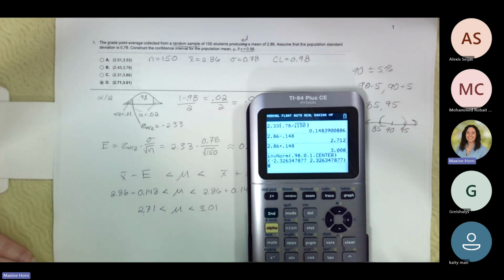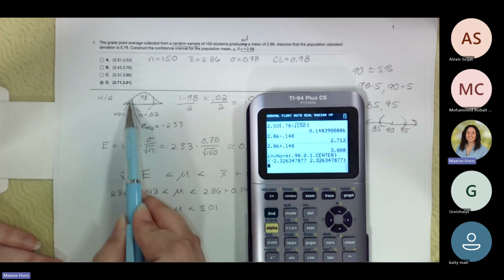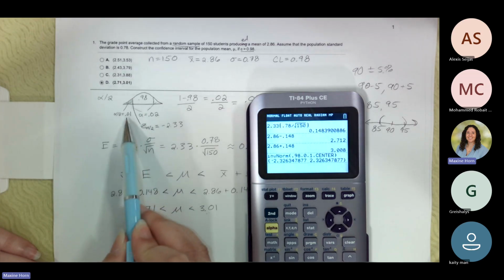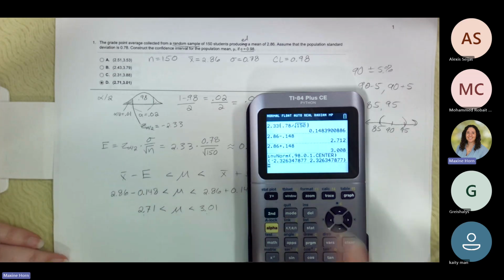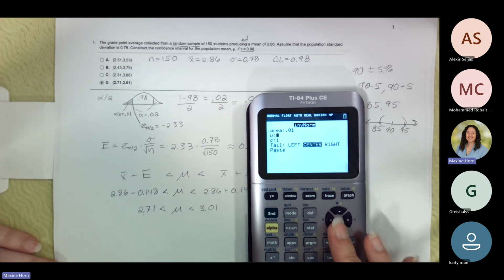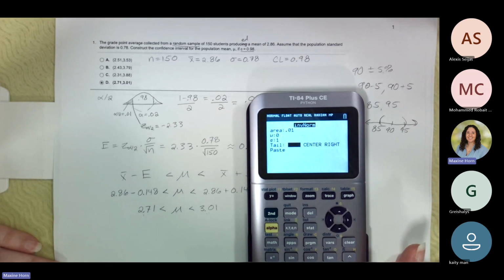Or if you were feeling like you wanted to do a little bit extra work, or maybe you already calculated and said, oh, well, I know the area in the left tail is 0.01, and you don't want that extra work to go to waste, then when you go second vars and hit number 3 to do inverse norm, you can tell it an area of 1%, and then tell it that that's the area to the left of the z-score that I'm asking it about, right?